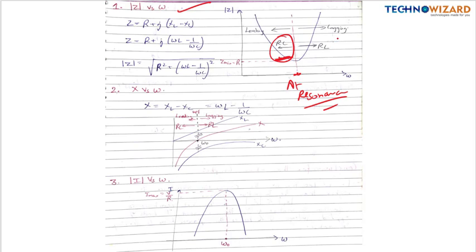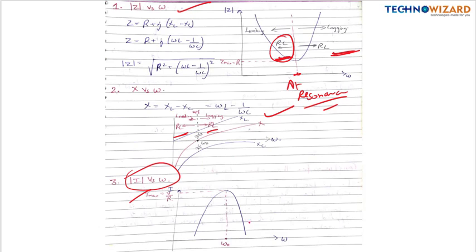Here this will be lagging in nature. For X versus omega, X is equal to XL minus XC, which is equal to omega L minus omega C. For a series resonance circuit, here this will be leading in nature, RC circuit, and here this will be lagging in nature. These graphs are not very important, you just have to remember the formulas for your exams. This is some BTech point of view.